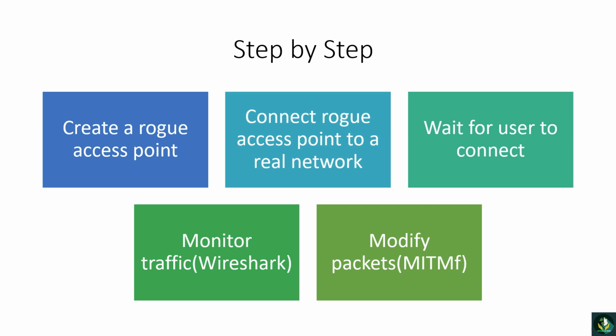We previously described how we can do this. Then the user connects to the rogue access point, and we capture the traffic with something like Wireshark. We wait for users to connect. And if you want to modify and inject packets, you can use tools like MITMf, but that's optional.